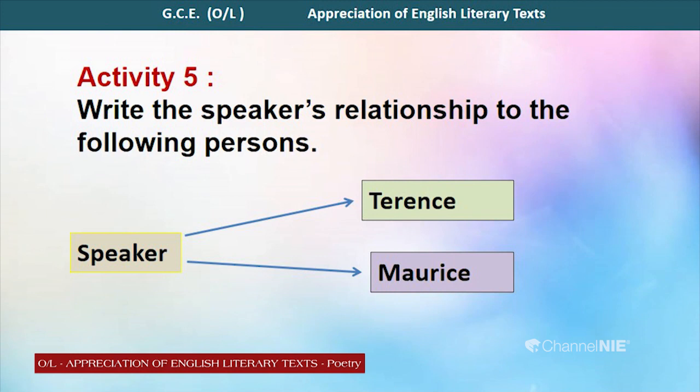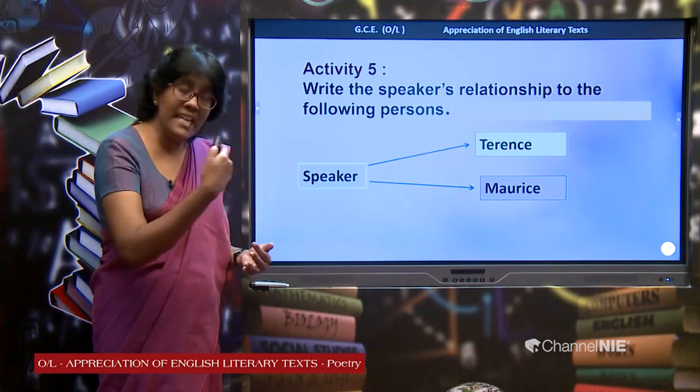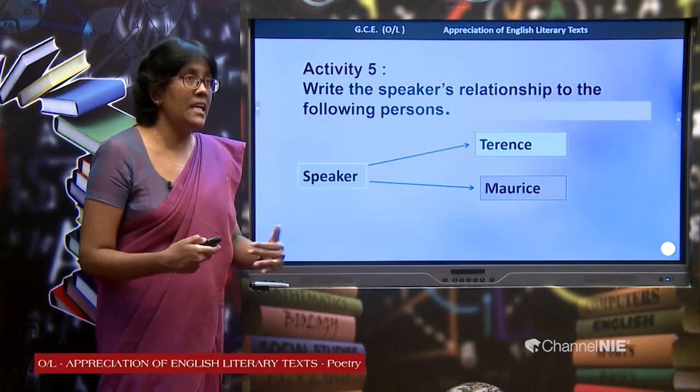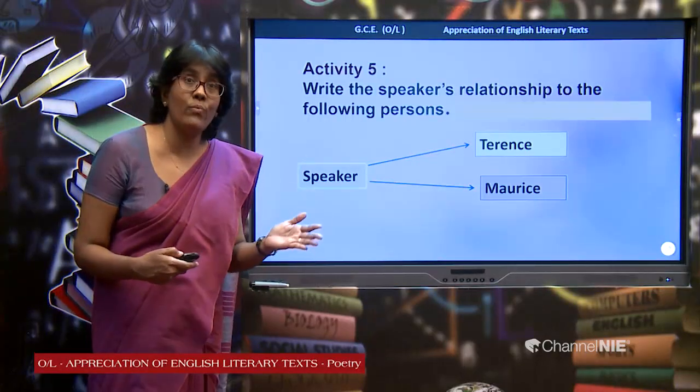Write the speaker's relationship to the following persons. Speaker's relationship with Terence and Morris. Did you find the relationship? Terence, of course, is a friend. You can understand. A known person. Because the speaker confesses, he acknowledges his problem or the crime that he has done, and he is going to say bye to his friend.